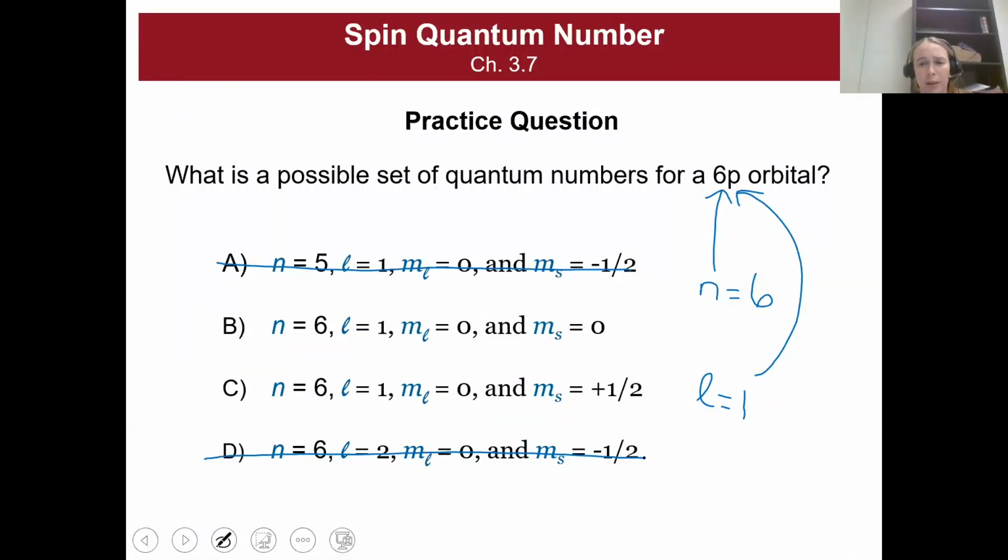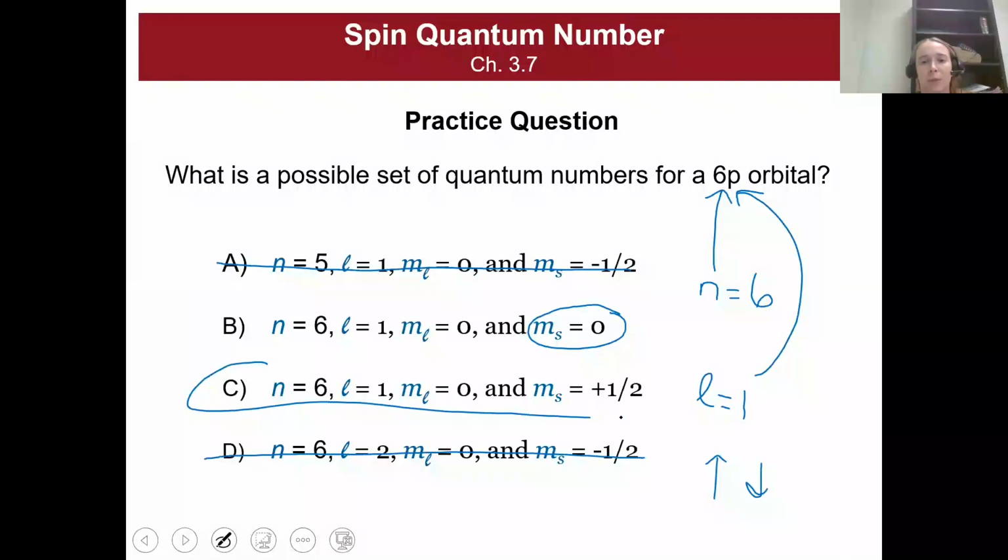So I look at these choices and right away I see that B has an m sub s equal to 0. That's not possible. M sub s has to be minus 1/2 or plus 1/2. The electron has to be spinning.